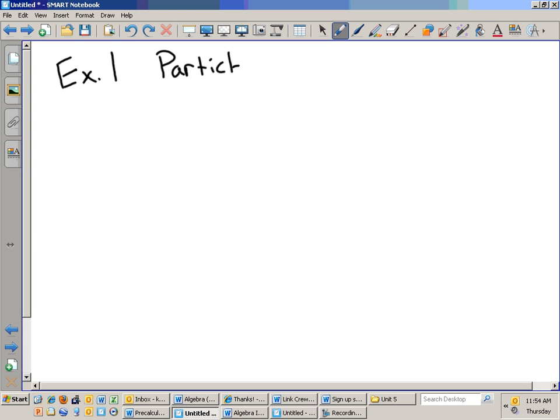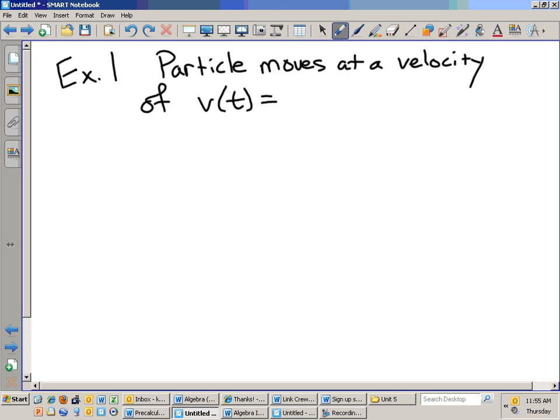A particle moves at a velocity of v of t equals t squared minus t minus 6, where t is in seconds.